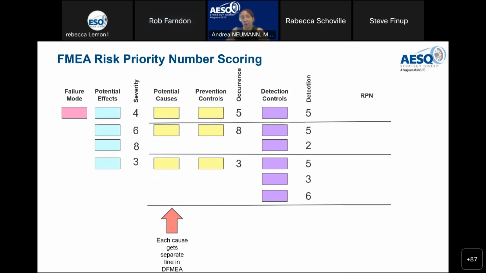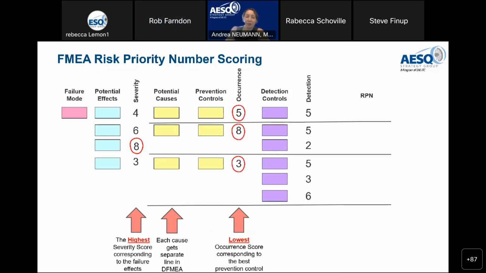And as we discussed before in the severity step, when you click again, you will see that we always take the highest severity score because this is the failure which could happen in the worst case. In the next click, we will see the occurrence should be the lowest one, but not the lowest for the overall failure mode.